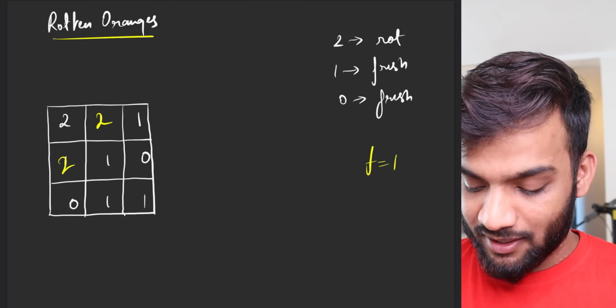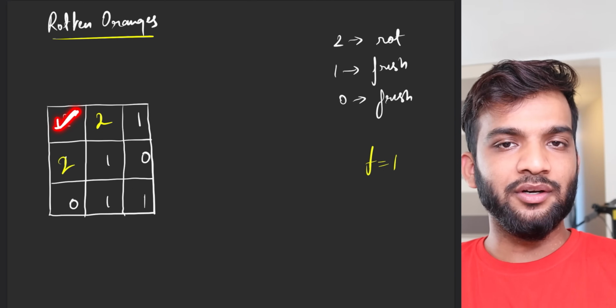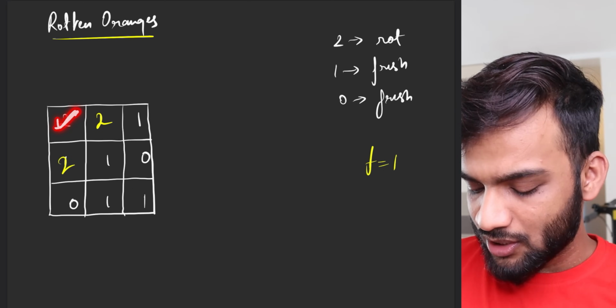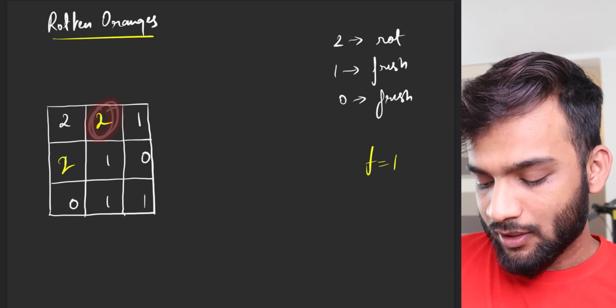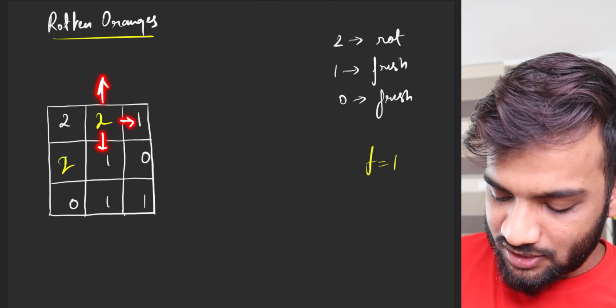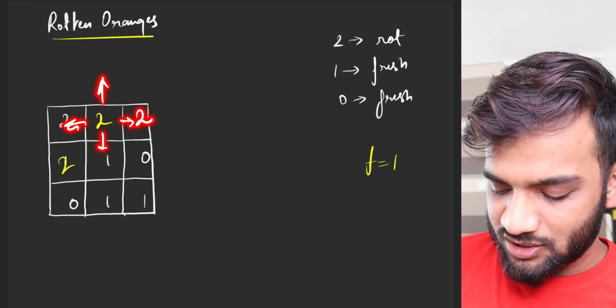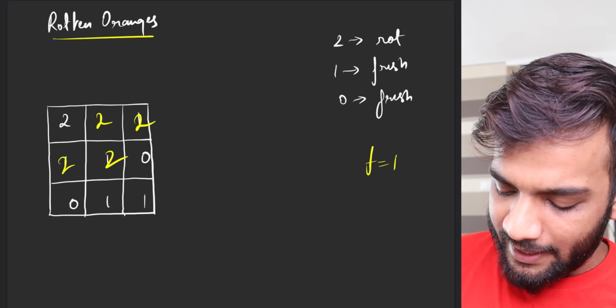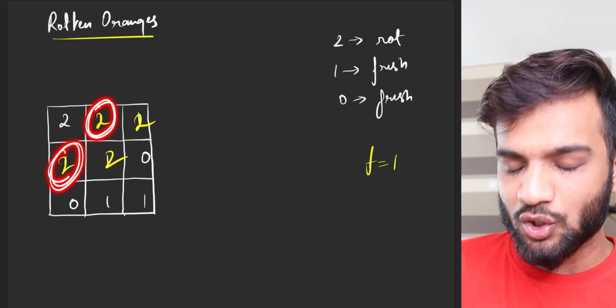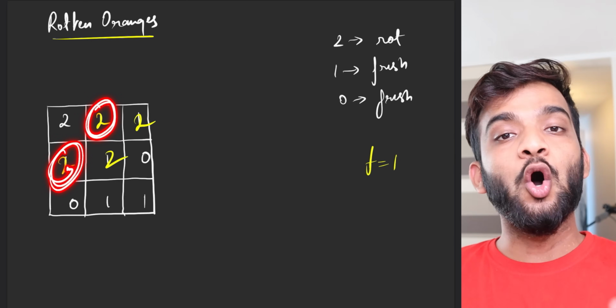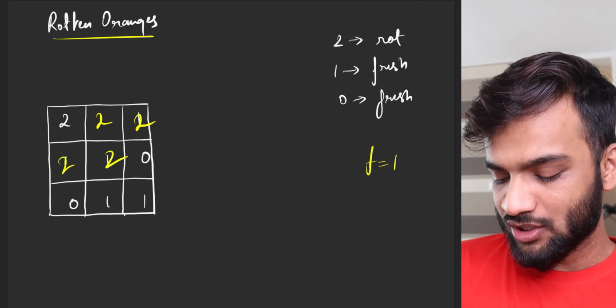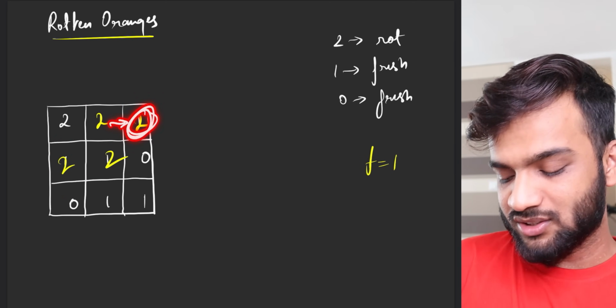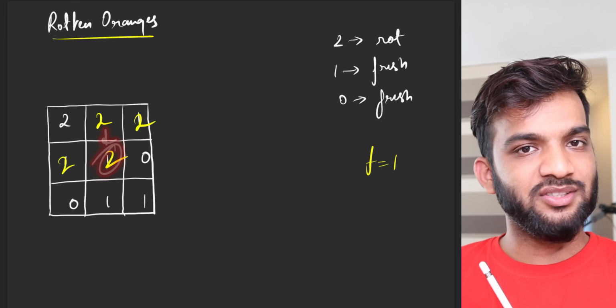In the next step, this one has already rotted all its neighbors. So there is this orange left. This orange has this, so this will rot this and this. So in time 2, this orange and this orange will rot all their neighboring oranges. So it goes down, rots this, goes down, rots this, right?